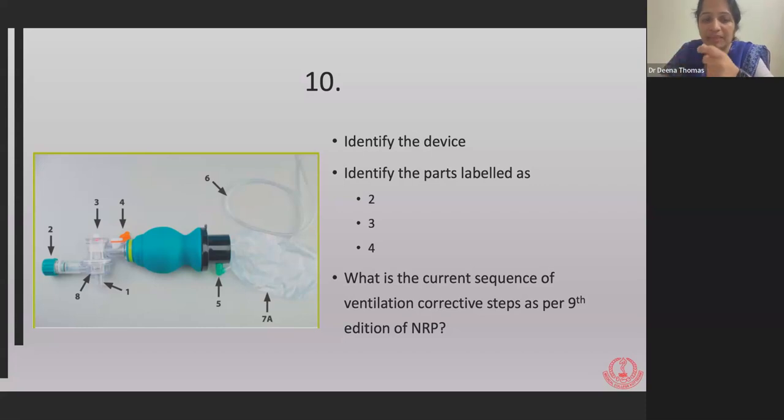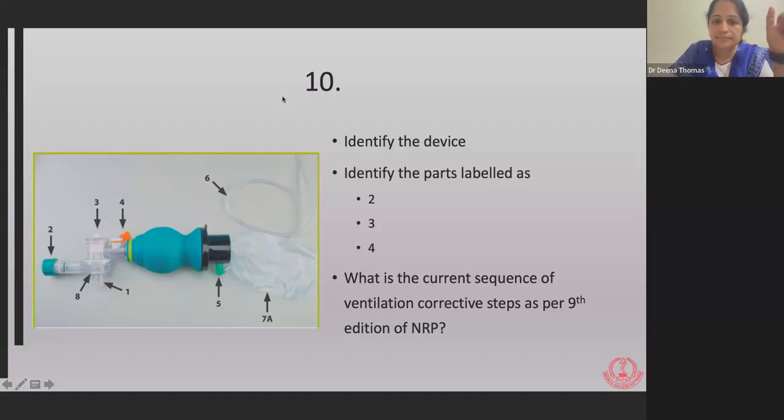But if you have a PEEP valve and you set the PEEP by rotating this knob, this is the PEEP valve. If a unit has this for demonstration purposes, they will definitely keep it for the exam. 3 is the pressure manometer, and 4th is the pop-off valve.